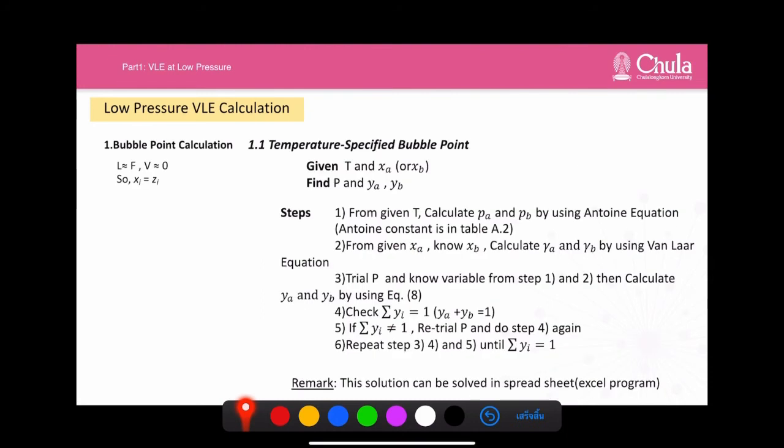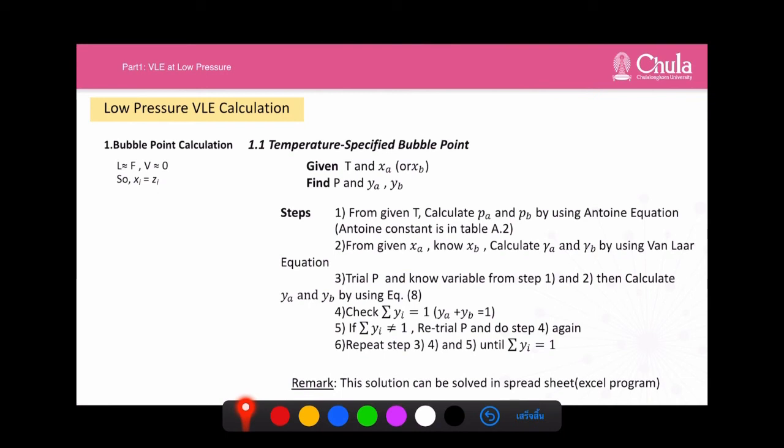So for VLE calculation, we can distinguish the problem into several types. The first type is bubble point calculation.